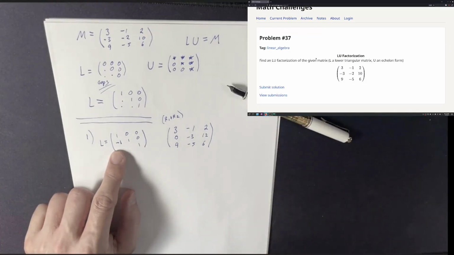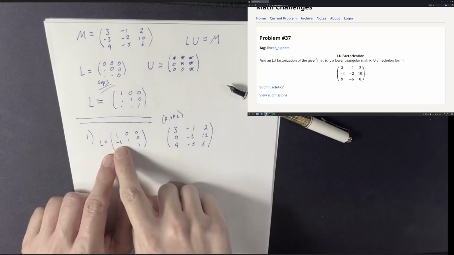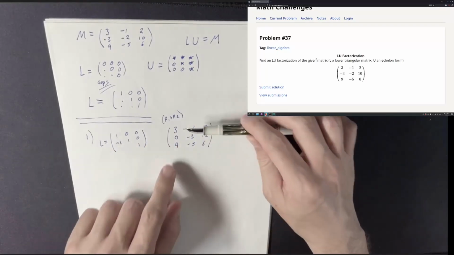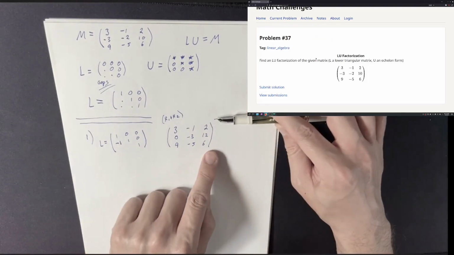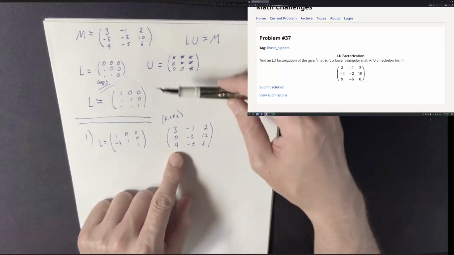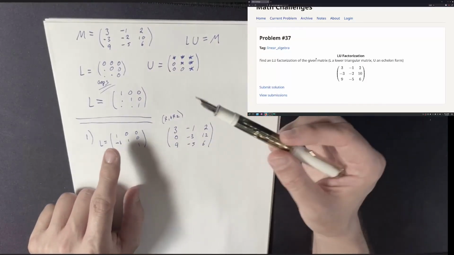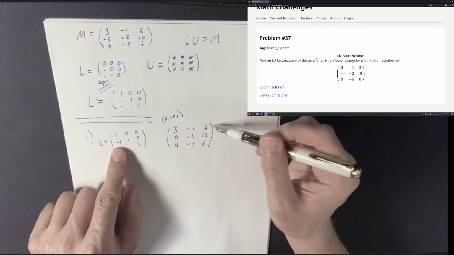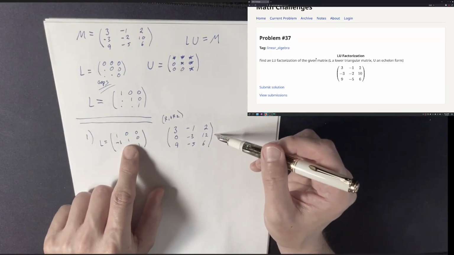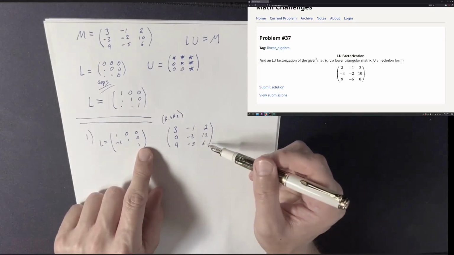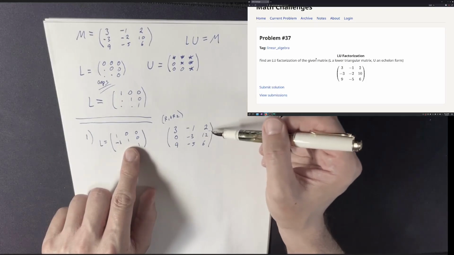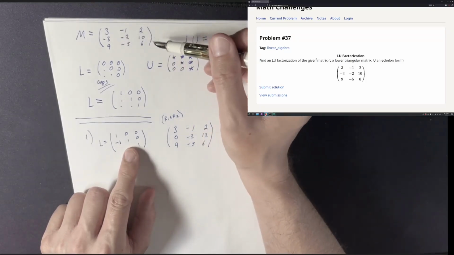Now watch what happens if you took this row and multiplied it by this matrix, it basically undoes the work that we just did. If you take -1 times this first row plus 1 times the second row plus nothing from the third row, it'll give you -3 and -2 and 10, which is exactly what we had, right?